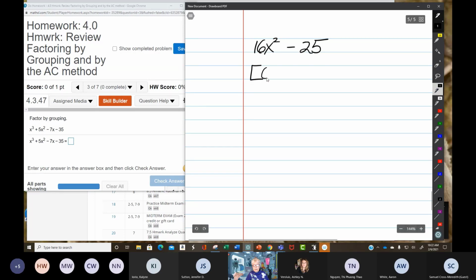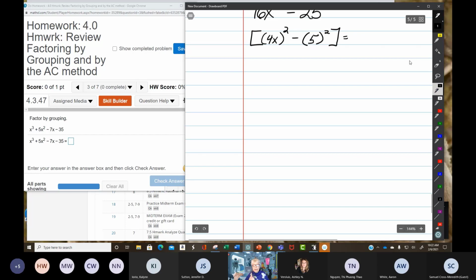This is 4x squared. And this is 5 squared. That's why I wrote it in brackets like this, just because I didn't want to write parentheses in parentheses.